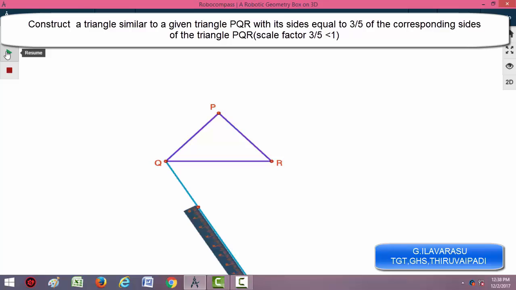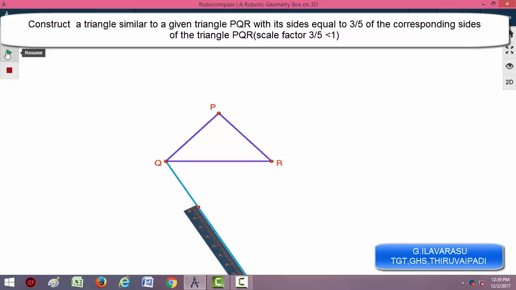Now, to draw the similar triangle, we need to see the scale carefully. This is the 3:5 ratio. So 3/5. In this 3/5, 3 is the numerator, 5 is the denominator.